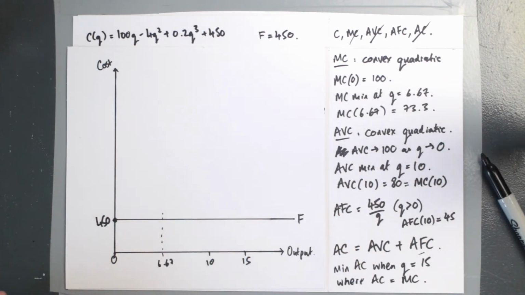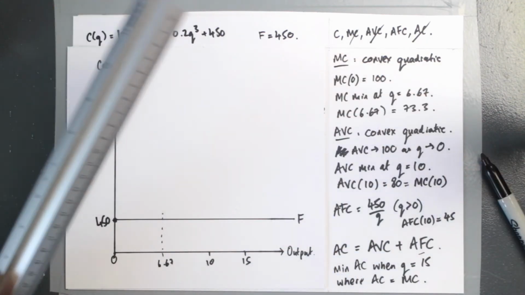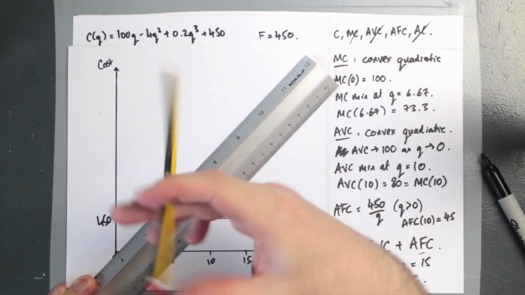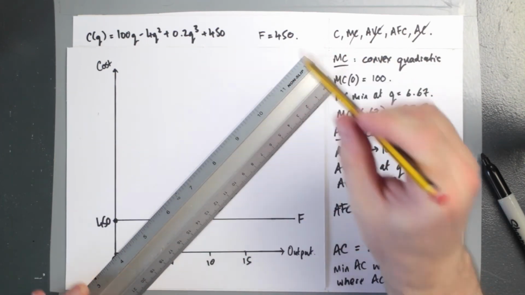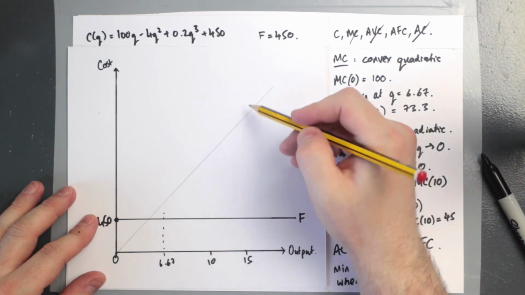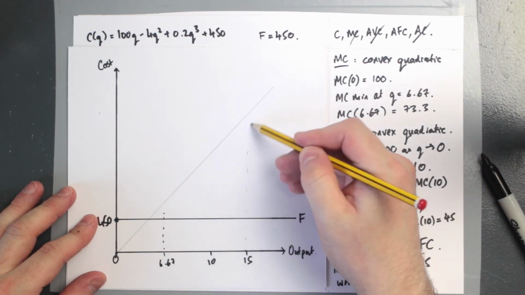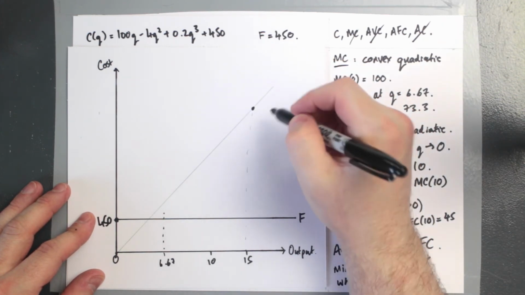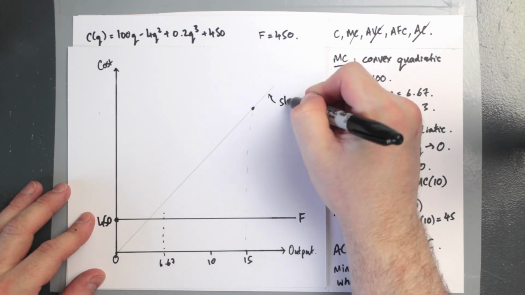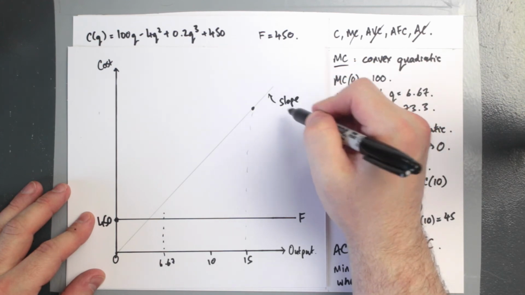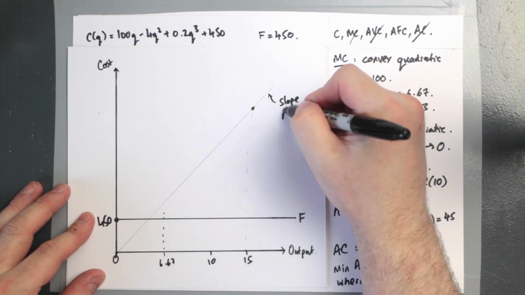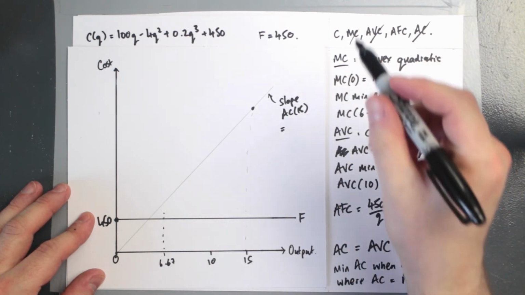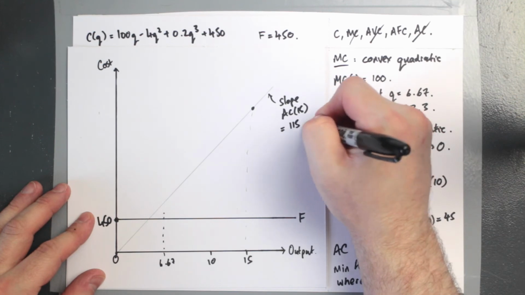Now we also know that if I could draw this accurately, which is not so easy, let's just draw a line like this, and say that this line has slope of the average cost evaluated at 15, which is, I have the number 115.